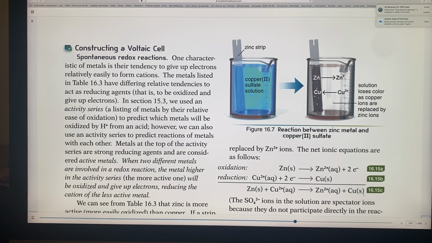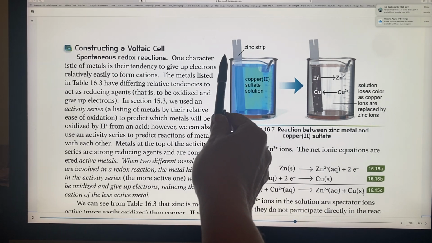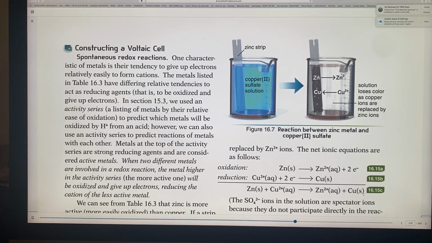There's no reaction at all. If you put a copper strip into a zinc solution, nothing would happen, because the copper is too weak to overcome the zinc. But in this situation, we took a zinc strip, which is the more active metal, and put it into a copper sulfate solution. And you can see what happens right away.